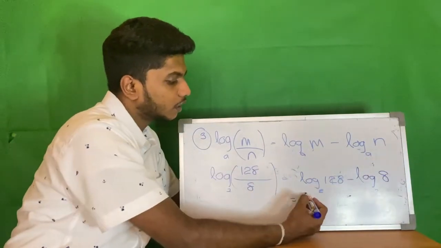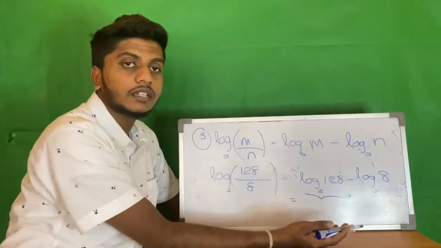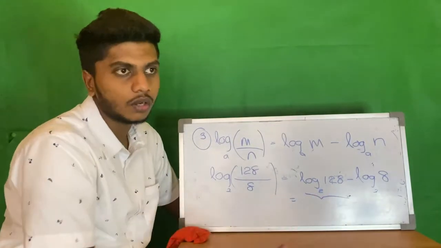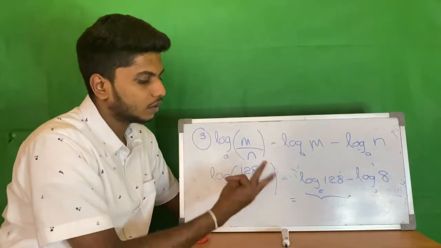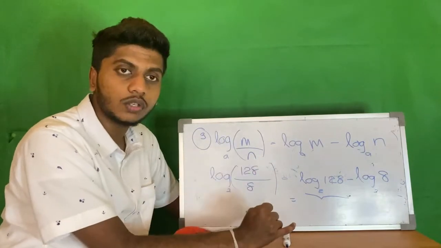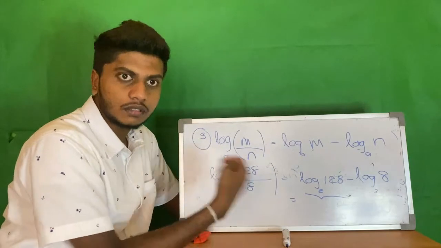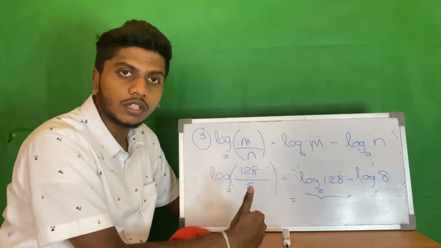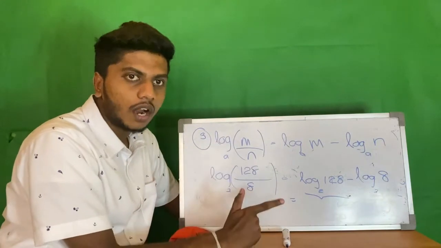So how do you get 128? You have to count that one. 2 times 2 is 4, 4 times 2 is 8, 8 times 2 is 16, 16 times 2 is 32, 32 times 2 is 64, 64 times 2 is 128.